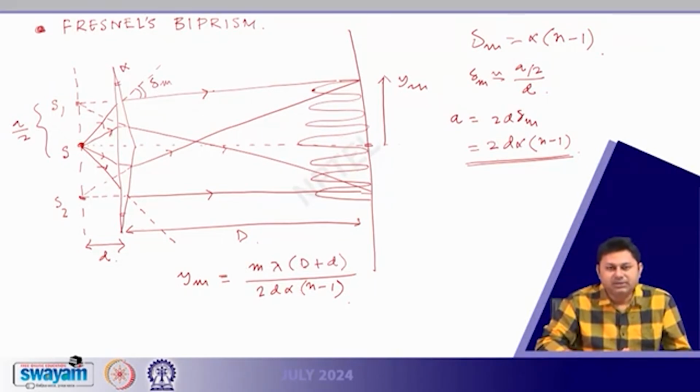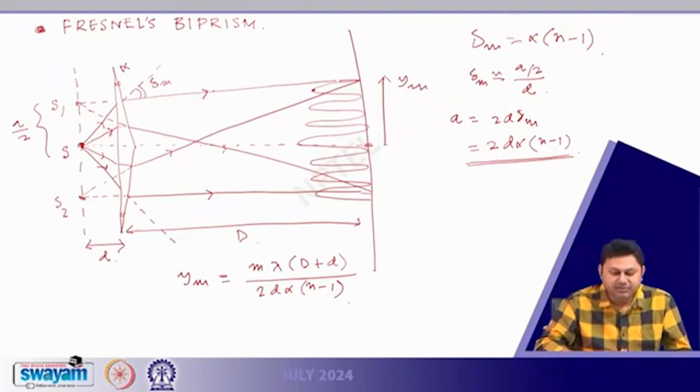Also, we understand that if we put a proper arrangement, then there is a possibility that I can split this wavefront, and these two split wavefronts can interfere with each other and form a fringe.